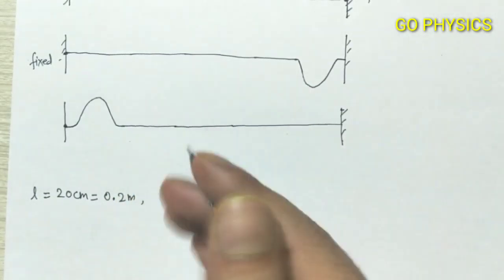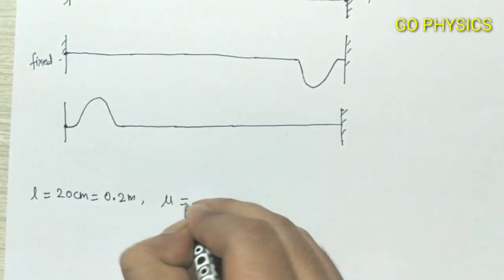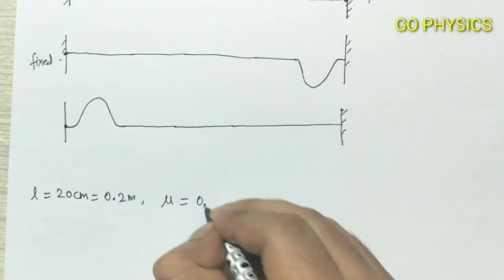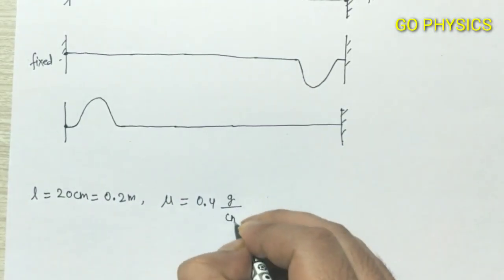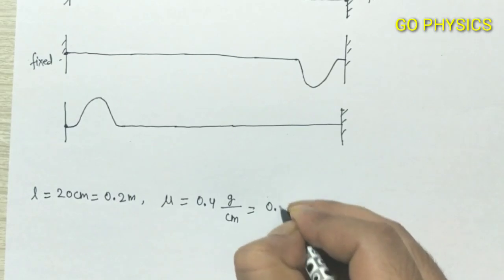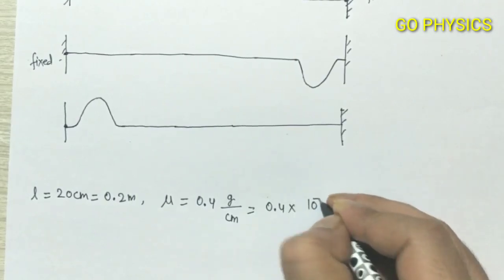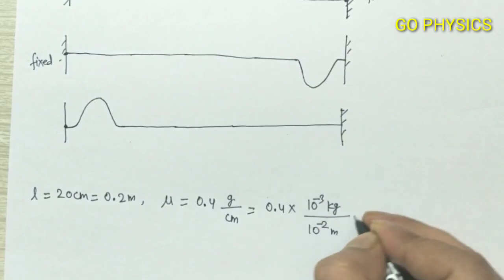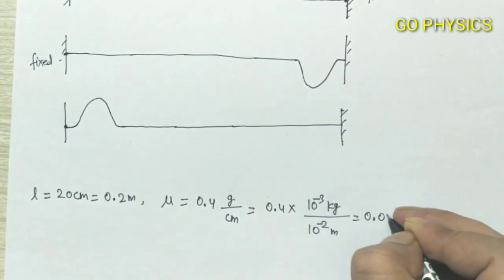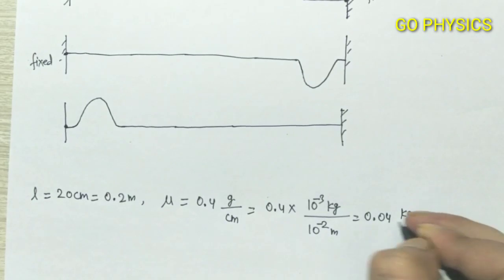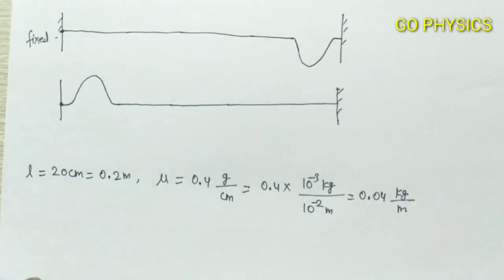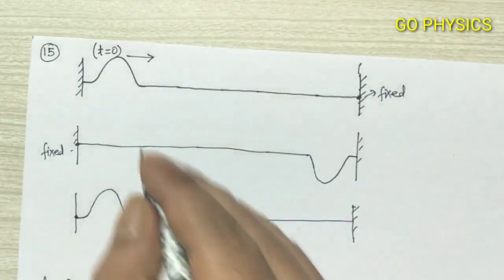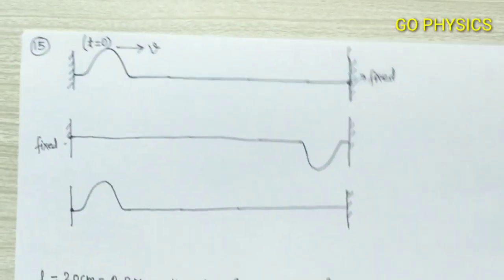Linear mass density of the string is given as 0.4 gram per centimeter. Now let's convert into kg per meter. So this is 10 to the power minus 3 kg divided by 10 to the power minus 2 meter. So it will become 0.04 kg per meter. Now calculate the speed of the pulse.